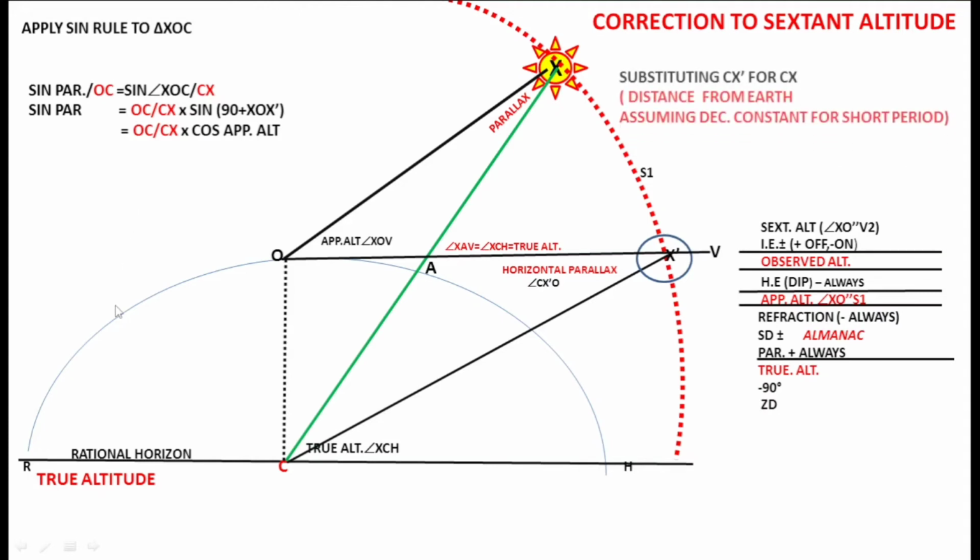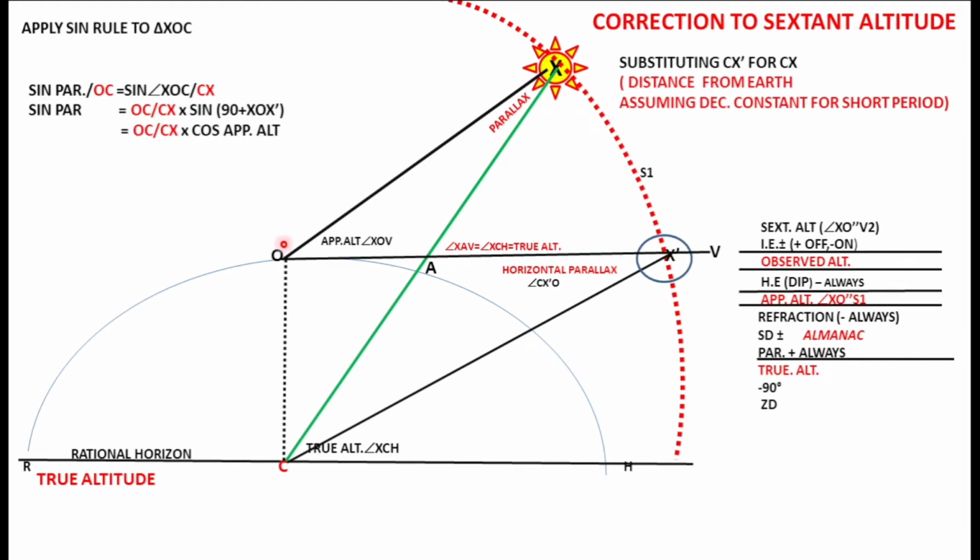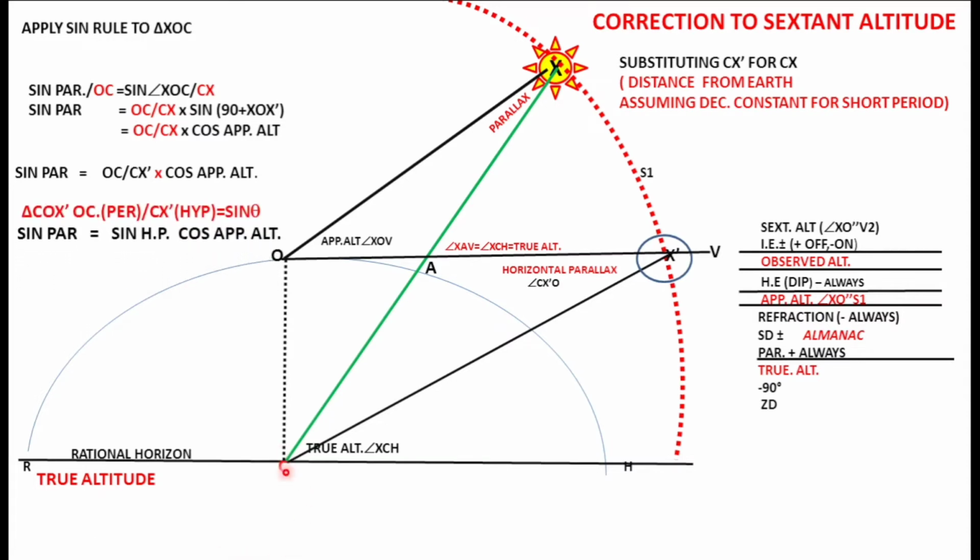Now, considering that the declination does not change much, the body would be moving along this declination circle here. So CX and CX dash would be nearly the same. So I can just substitute CX dash for CX here, and this is what I have done. And now what I have got is this triangle here, COX dash.